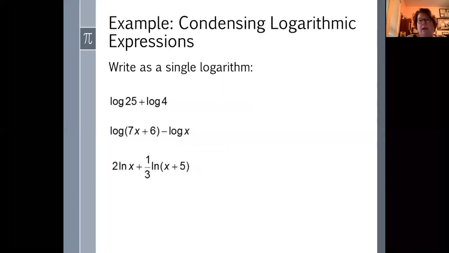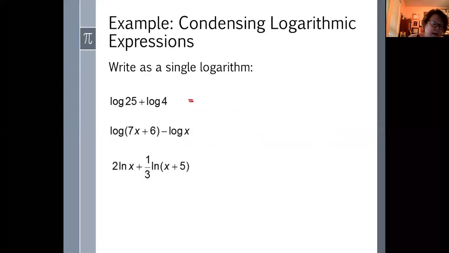So we're going to condense these 3 logarithmic expressions. The first one we have is the log of 25 plus the log of 4. We can condense that logarithm because we have the sum of 2 logs. So I can write the sum of 2 logarithms as the logarithm of the product.